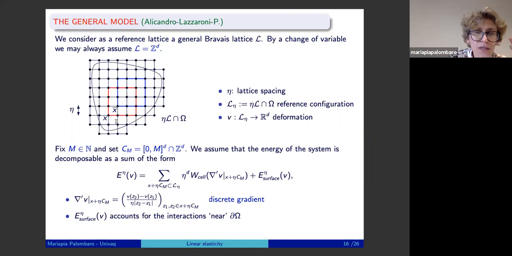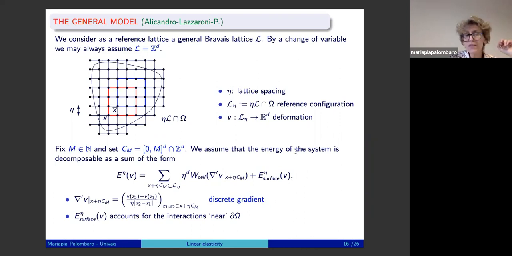I fix x. In this picture, the integer m is 3. So x plus eta cm is the set of points inside this red square. I consider all the interactions within this cell, so I consider the finite differences. W cell is a function of all these finite differences. Nabla prime here denotes the discrete gradient.